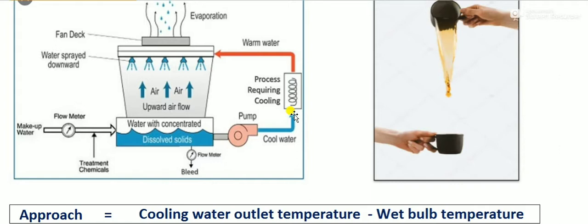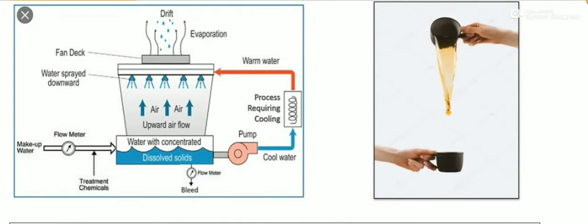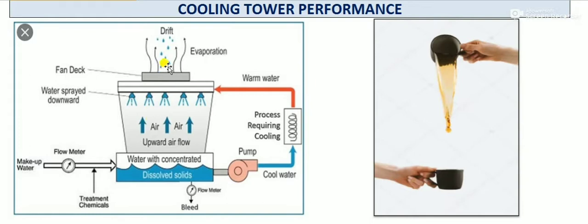Drift loss is the water droplets that escape from the cooling tower. Evaporation loss we will calculate with the formula. Makeup is how much water we add to the cooling tower. And blowdown is how much we take out of the cooling tower to maintain the concentration.